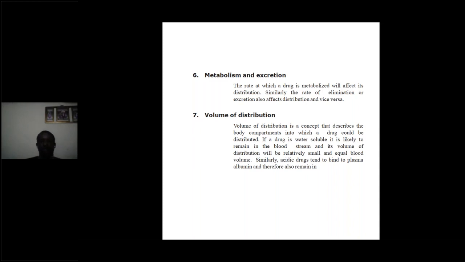So its volume of distribution will relatively be small and equal to what? Blood volume. Similarly, acidic drugs, they tend to bind to protein albumin, and therefore they will remain in circulation for long. So these are the 7 factors that impact drug distribution.